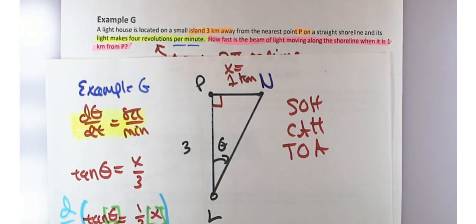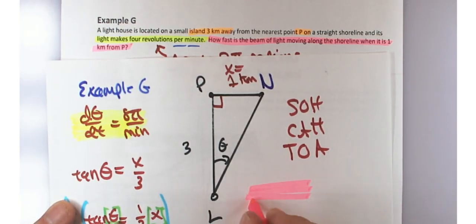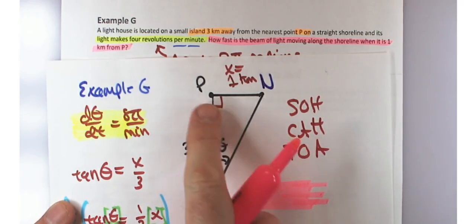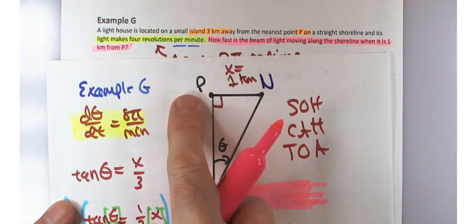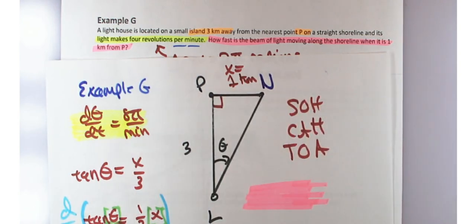What is it in terms of our problem? What notation should I use? So that's this right here. You're sweeping the shoreline with the light. How fast is it moving? So what is it that we're looking for in this one?